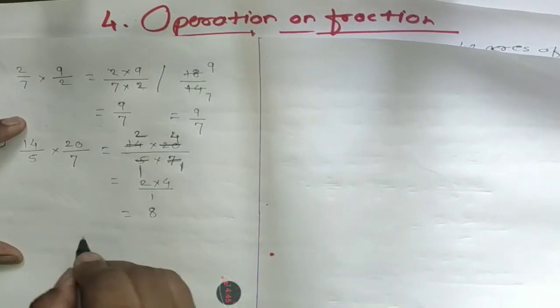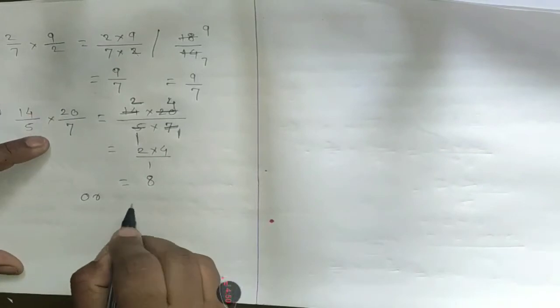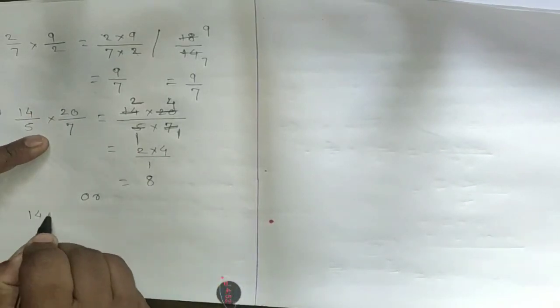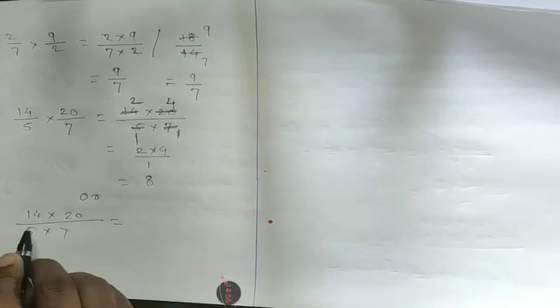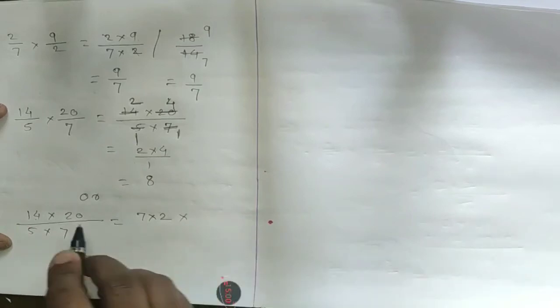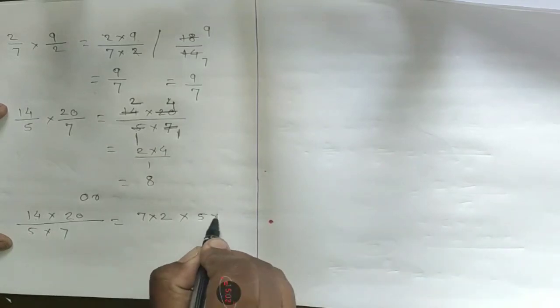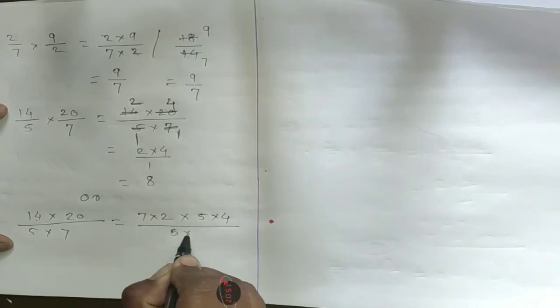You can solve it in this way, or I will tell you one more method. 14 into 20 divided by 5 into 7. 14 means 7 2s are 14, 20 means 5 4s are 20, divided by 5 into 7.